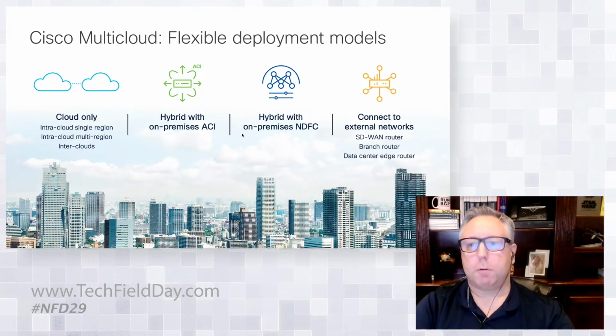But when it comes to the deployment models, we want to emphasize that we can run in a cloud-only environment. So think of it, you're running everything in, for example, Azure. We can do the whole networking on top of intra-cloud, single region, multi-region, or then expand to another cloud, be it Google Cloud or Azure, or to your on-prem data center if you wish, if you're looking at a hybrid one.